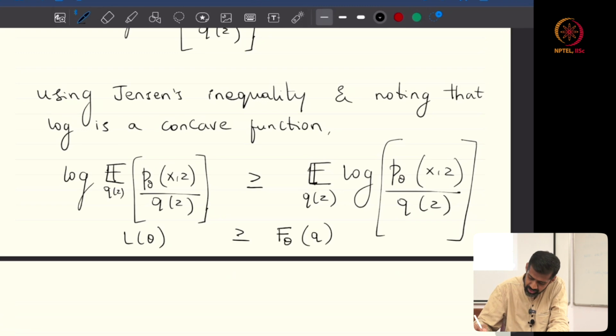So I made it a function of q because depending upon the choice of q that we make, this will take a different value, correct. So I wrote that as a function of q, and this is the L theta that we wanted to maximize.